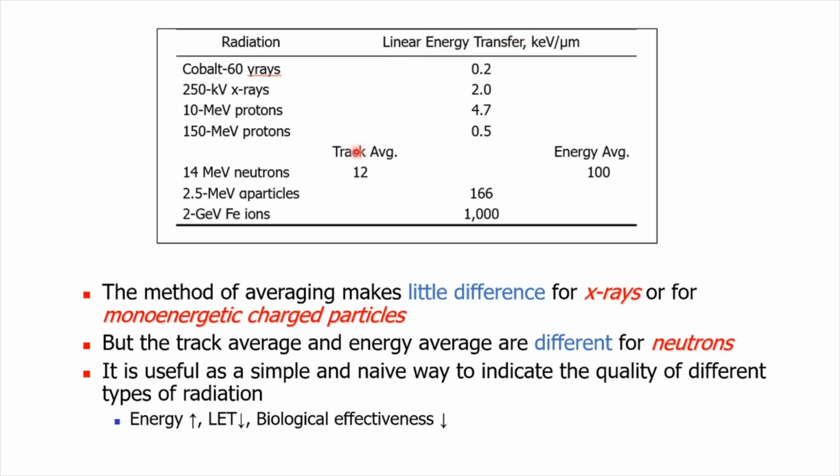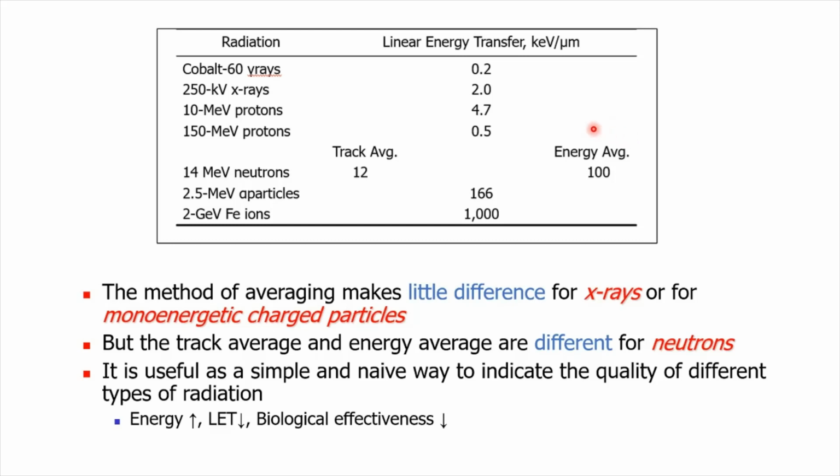For example, for 14 MeV neutrons, the track average LET comes out to be 12 keV per micrometer, but for the energy average method, the LET comes out to be 100 keV per micrometer. The optimal LET that these neutrons have with the biological system is correlated with this energy average method, that is equal to 100 keV per micrometer.